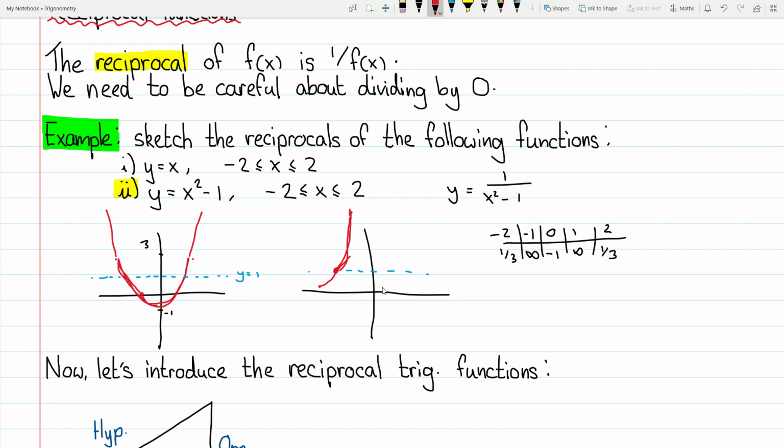And similarly from this end, it's symmetric about this. So 1 divided by this large number gives us a very small number. 1 divided by this number here, 1, gives us 1. And then as we get closer and closer to this point, 0, we're dividing by smaller and smaller numbers, so this is zooming off to infinity.